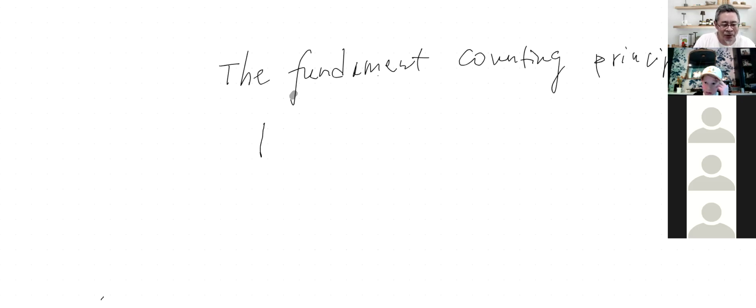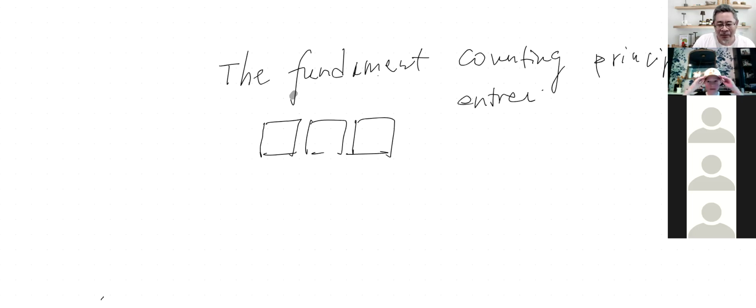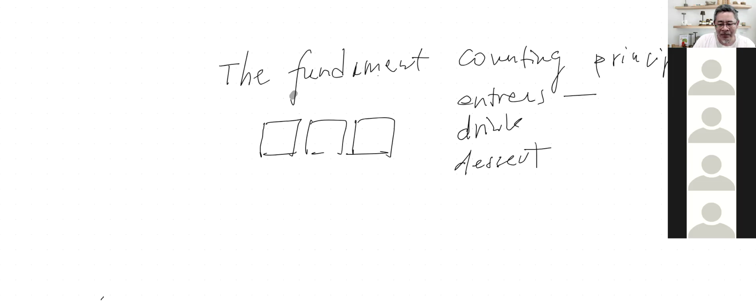So now we have the choice of entree, and we have a choice of drink, and a choice of dessert. Now let's say we have three entrees to choose from, five different drinks, and four different desserts. Now, how many different combinations do we have?